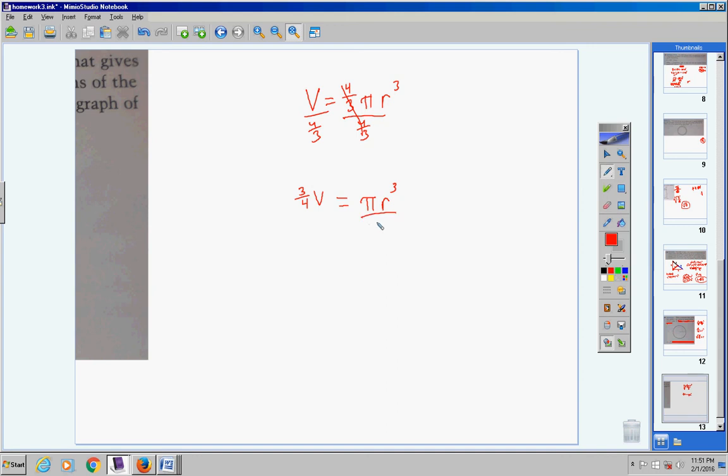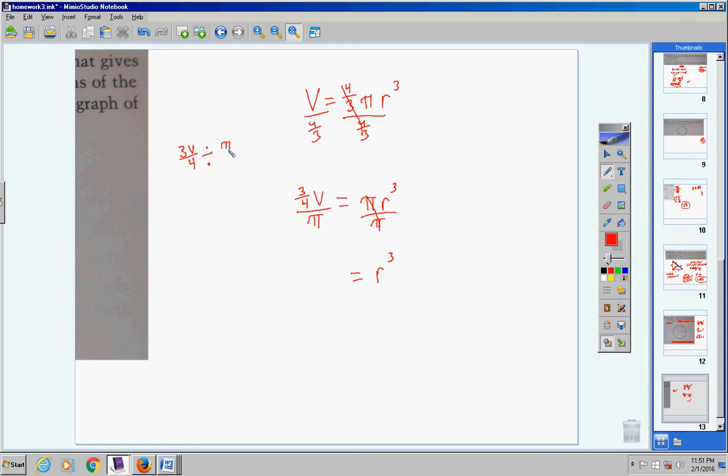Now, let's divide both sides by pi to get r by itself. Pi. Alright? So now we've got some more simplifying to do. Now I have this divided by pi. Now, 3/4 V is the same thing as 3V over 4 divided by, what are we dividing by?